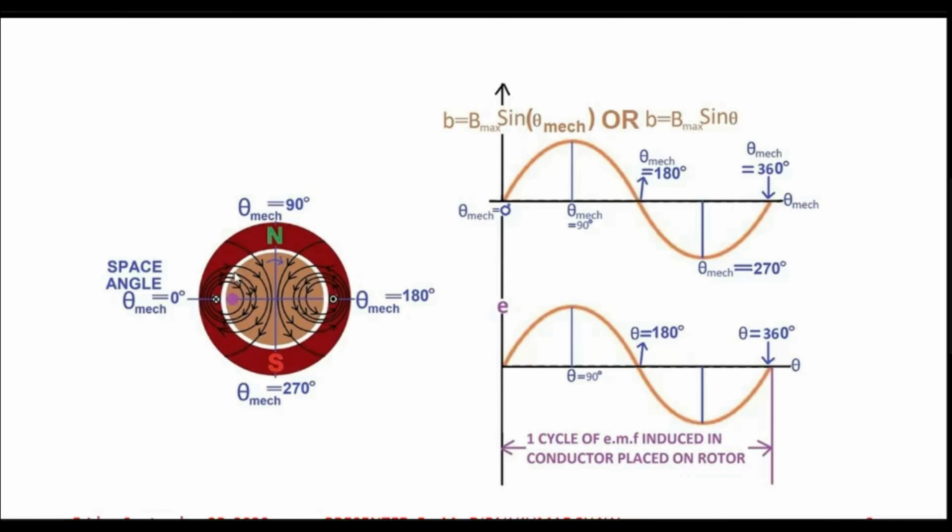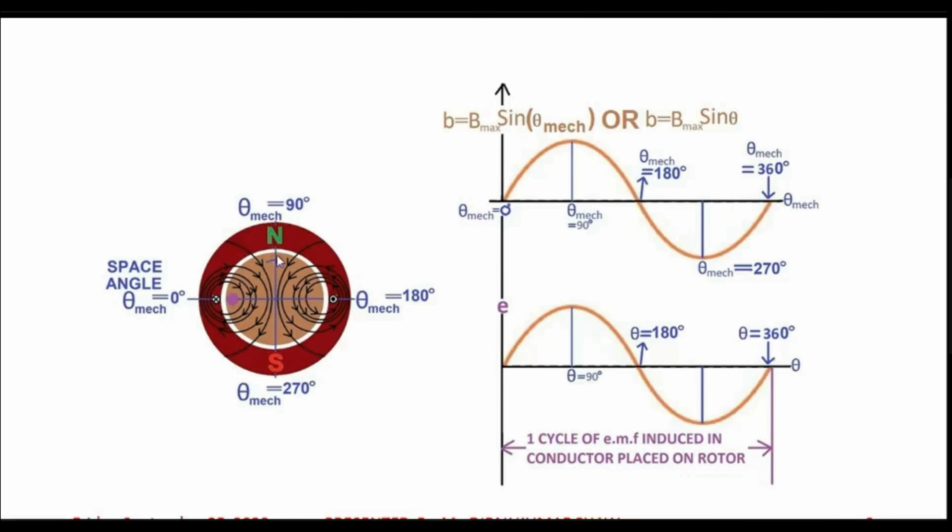If you start moving from this point, let's say you have come in front of this north pole, which is developed on the stator core. This point is nothing but theta mechanical equals 90 degree. You can view in the diagram that this particular point in the air gap, in front of the north pole center, is at an angular distance of 90 degree from the reference axis.